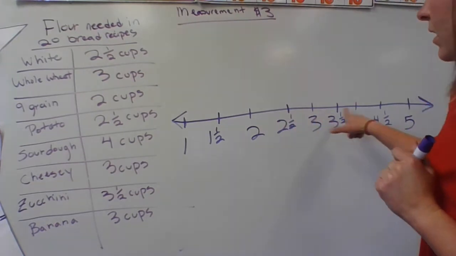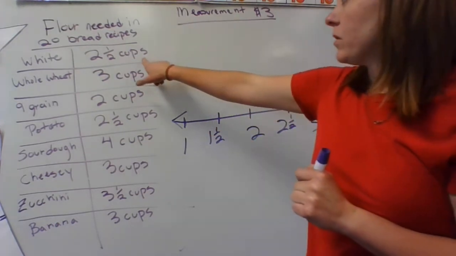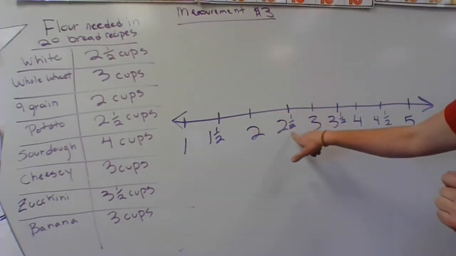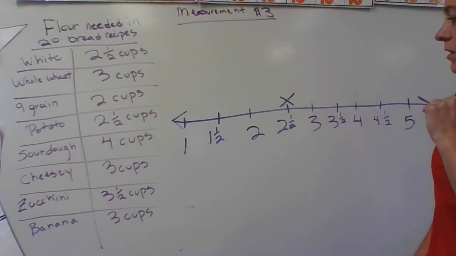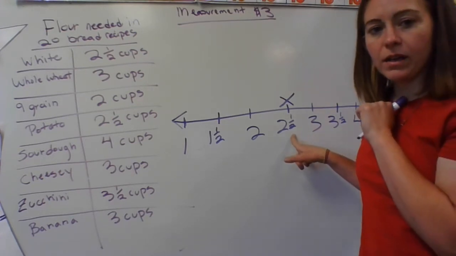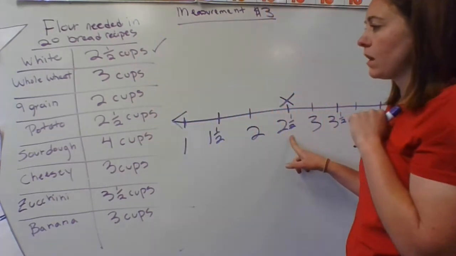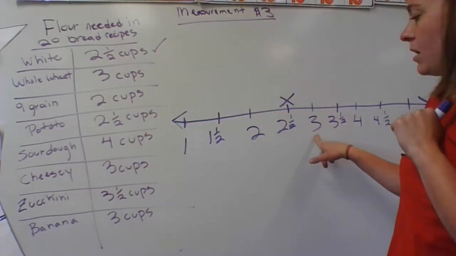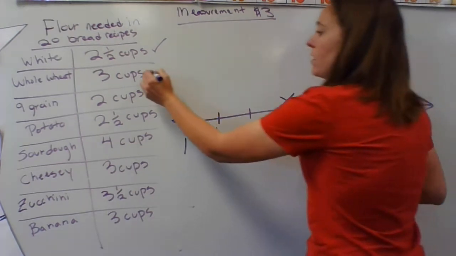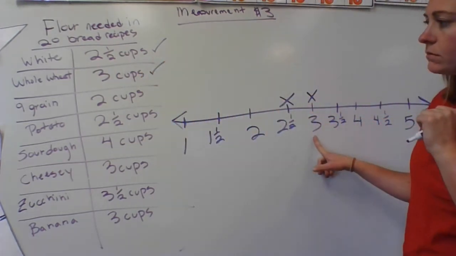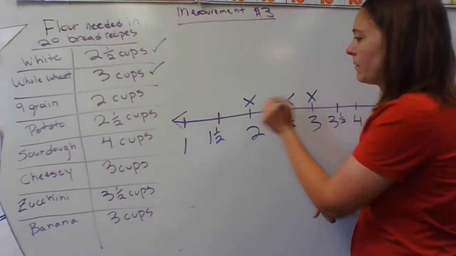All right, now I'm going to go and look at the data, and for each measurement I have, I'm going to put an X on the line plot where that measurement falls. So for white bread at 2.5 cups, I'll find 2.5 on the line plot, and I'll put an X there to represent one recipe has 2.5 cups of flour, and we'll check that off. Then whole wheat uses 3 cups of flour, so we'll find that on the line plot and put in an X there for 3. 9 grain uses 2 cups of flour, so we'll put an X at 2.